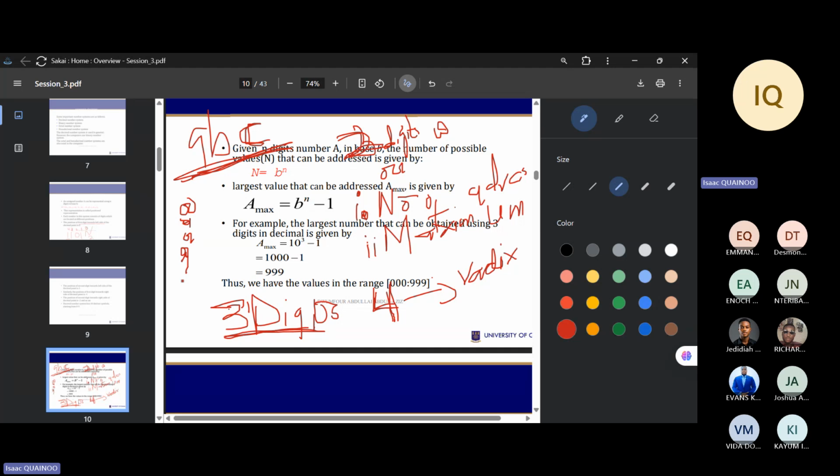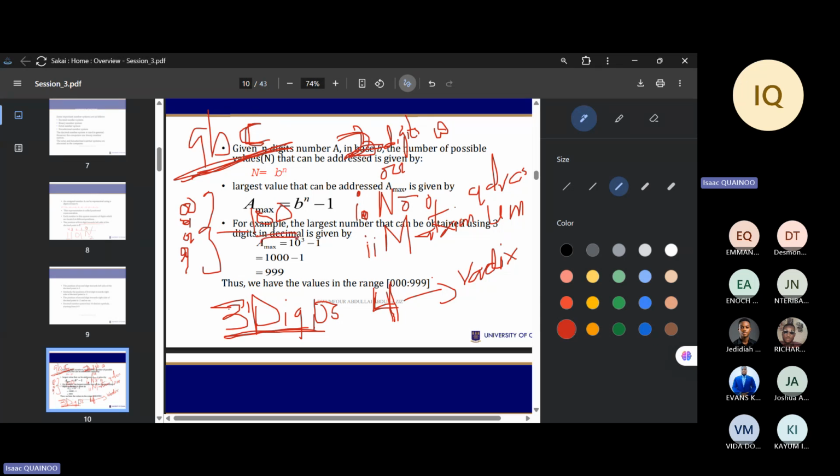So in that number system, you can have the number 00 up to the number 99. If you count from 00 to 99, you have 100. So the digits in that number system can be represented in 100 different ways. I don't know if you are cool.